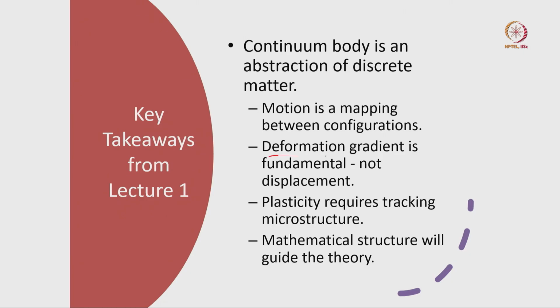The deformation gradient is the fundamental object, not displacement, nor deformation itself. It is the gradient that later defines the straining, and from there the stresses, and from there the governing PDEs. Plasticity requires tracking the microstructure, which is a very important point, and the mathematical structure will guide our theory, not any empirical scenarios. Thank you very much for your attention.